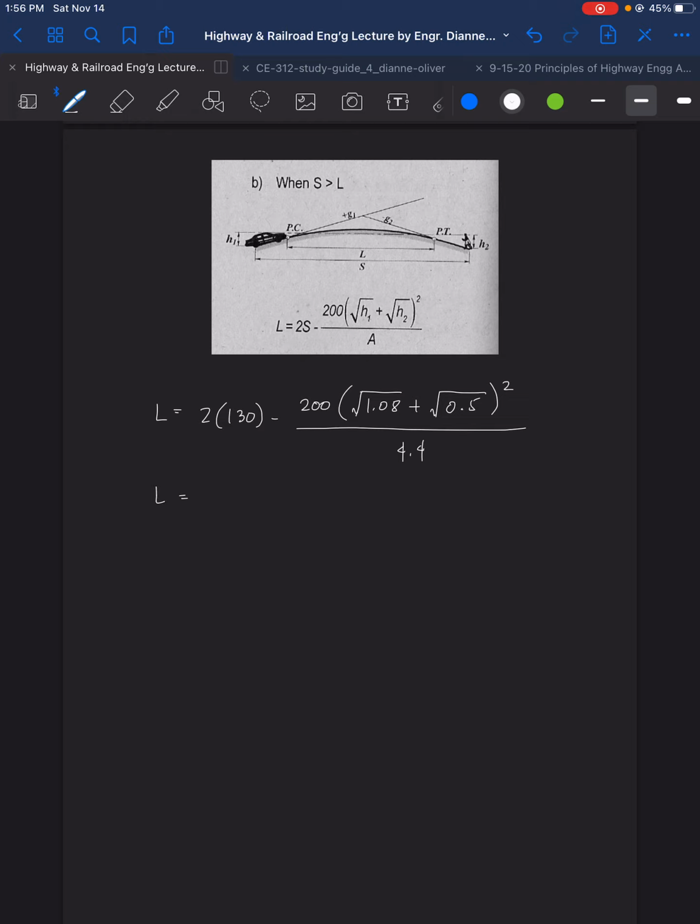Okay, so our L here is 121.38 meters, which is less than the S of 130 meters. So, okay, assumption correct.